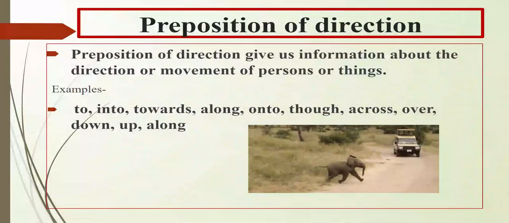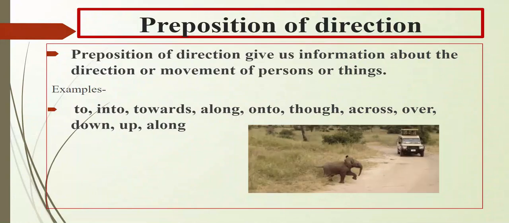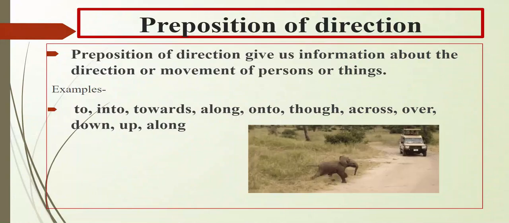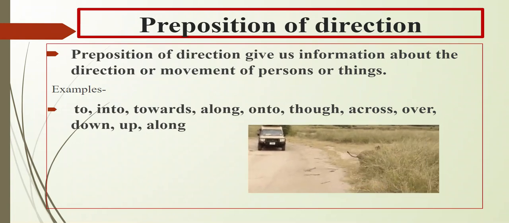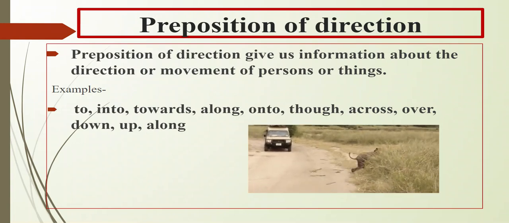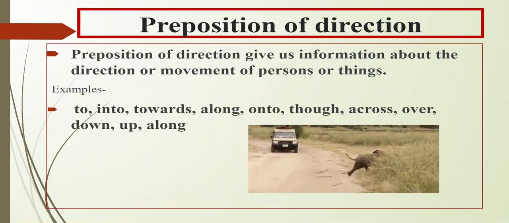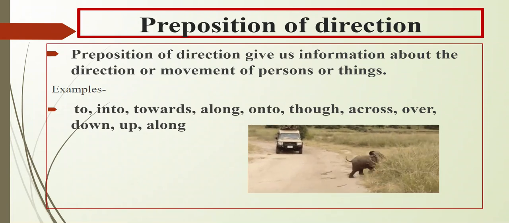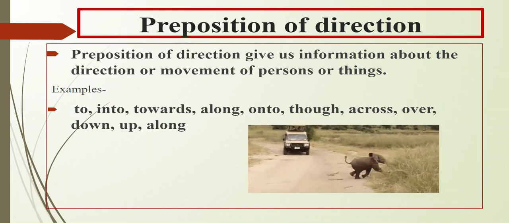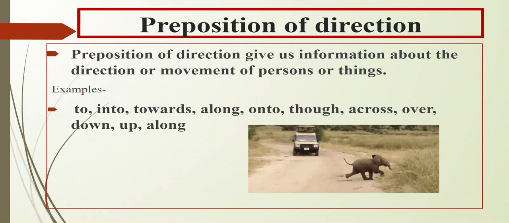Now, moving on to preposition of direction. Prepositions of direction and movement are quite easy to understand as they describe how something or someone moves from one place to another. The most commonly used preposition of movement is to.